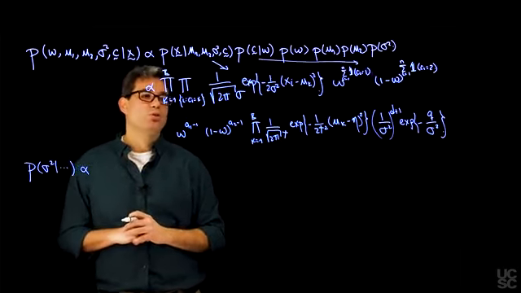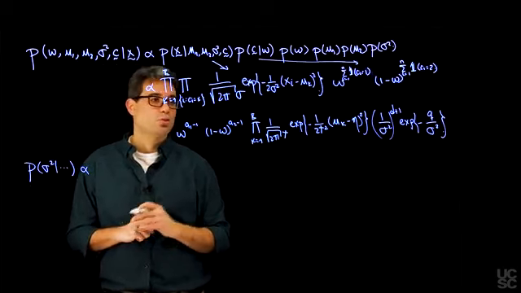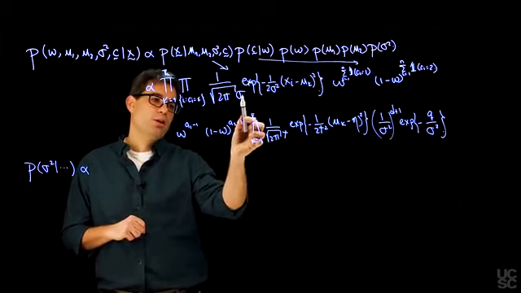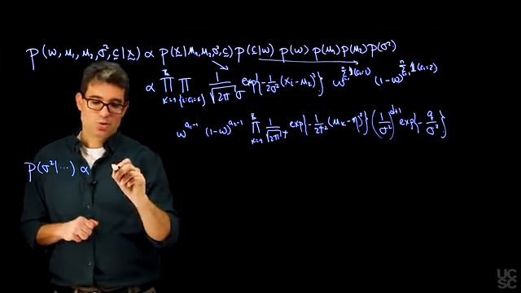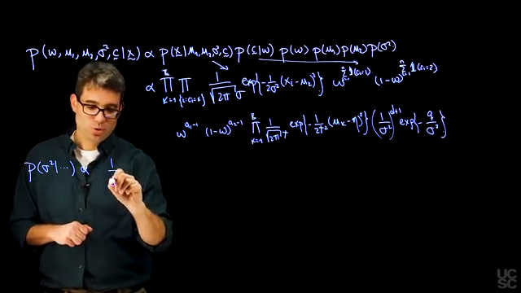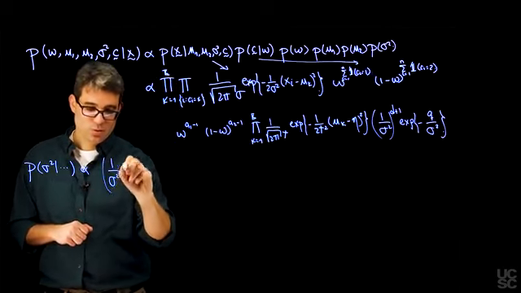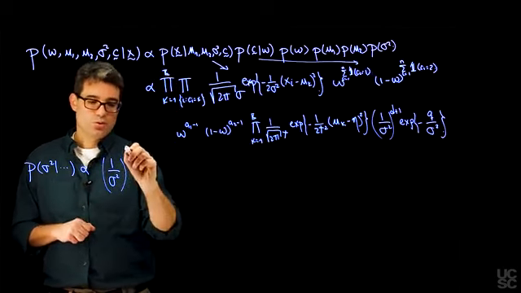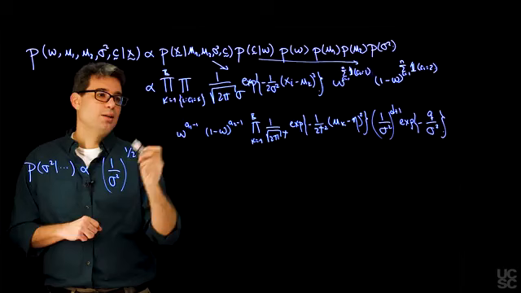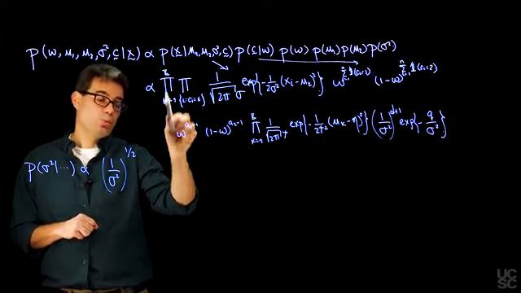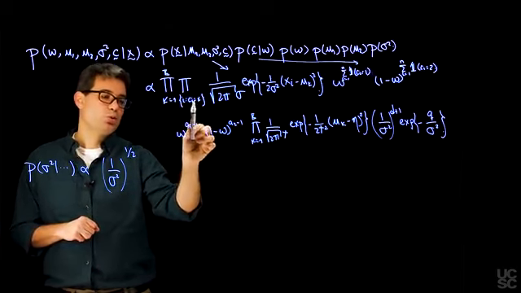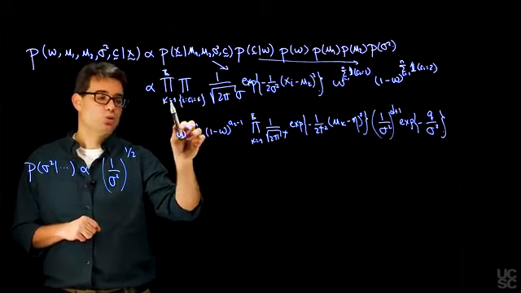So that means that this term is going to be proportional to, and I'm going to start to do a couple of simplifications here. One of them is I'm going to write sigma as sigma squared raised to the 1/2. So I'm going to have 1 over sigma squared raised to the 1/2. And then I have a product over the components times a product over the observations that belong to that component.